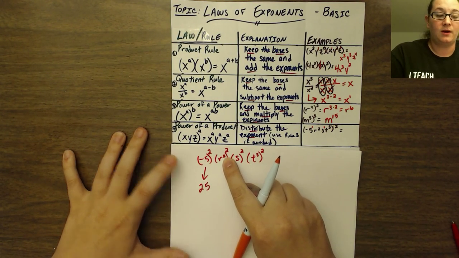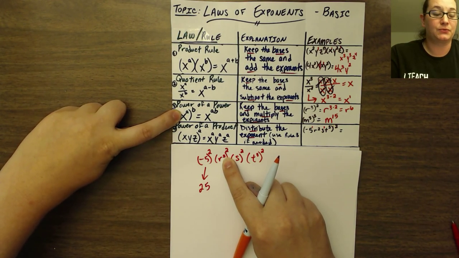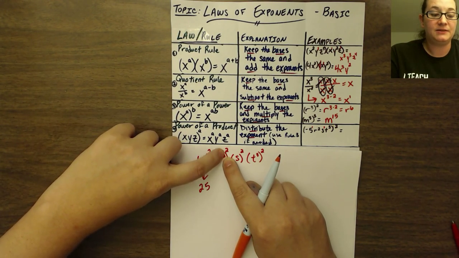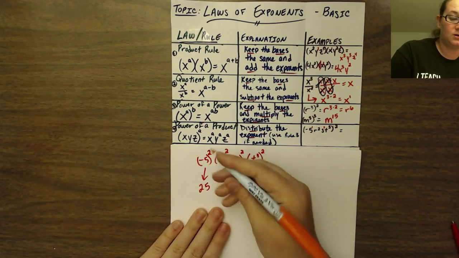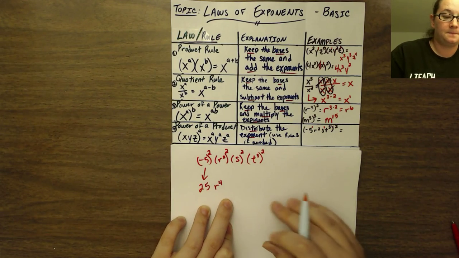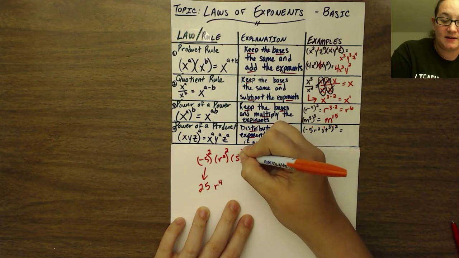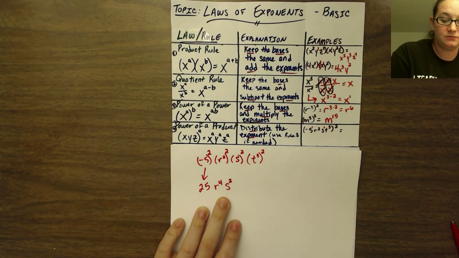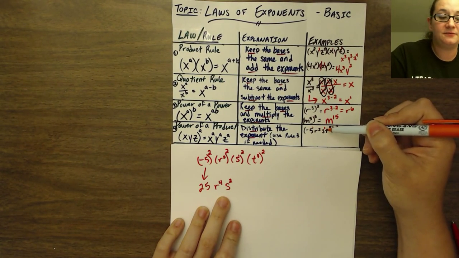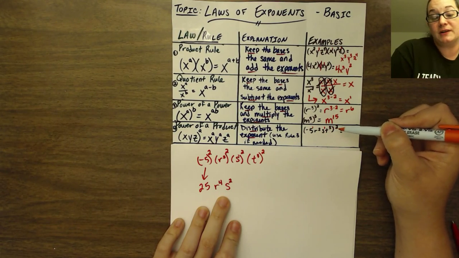And then r squared, this is where I have to use this rule 3. I have to multiply the exponents. So 2 times 2 is 4. So I have r to the 4. And then this s had an imaginary 1, so 1 times 2 was just 2. And sometimes if you don't write the 1 there, you might forget to distribute the 2.